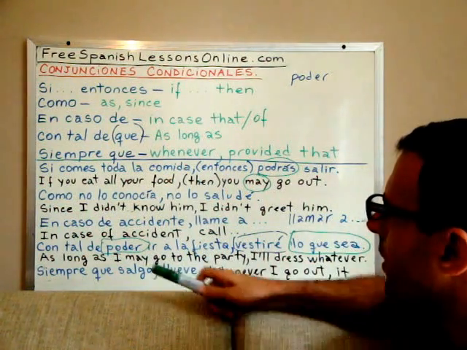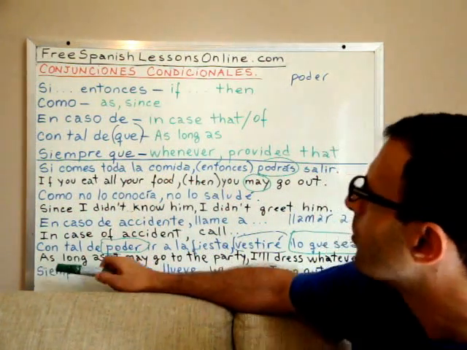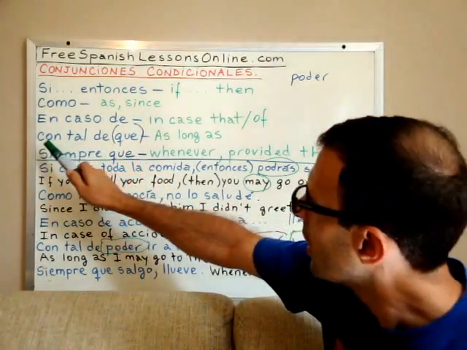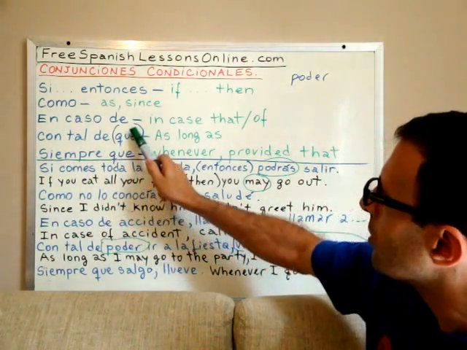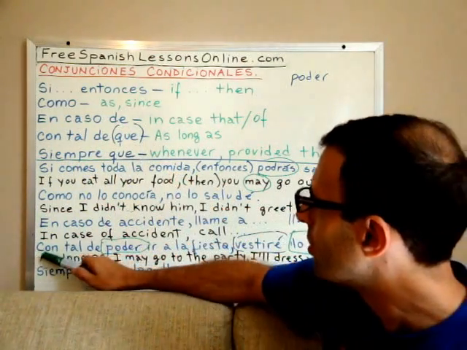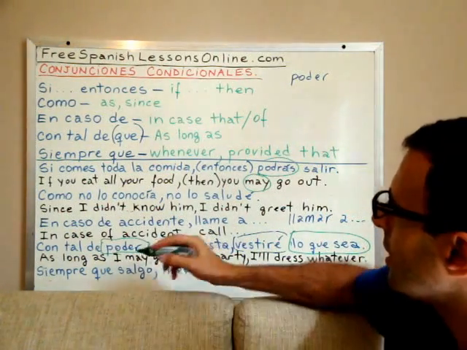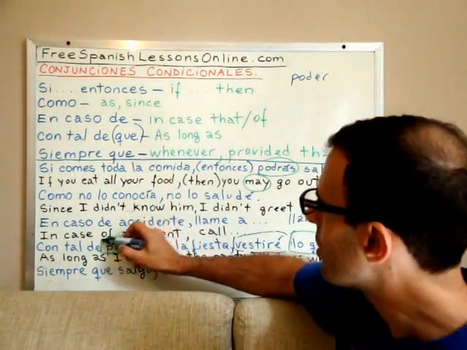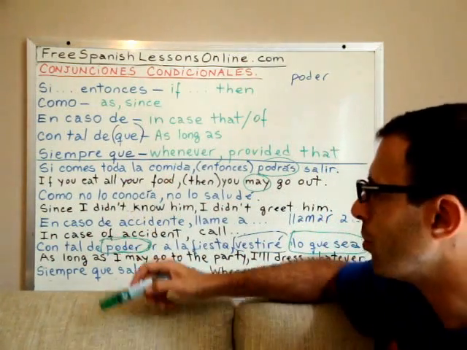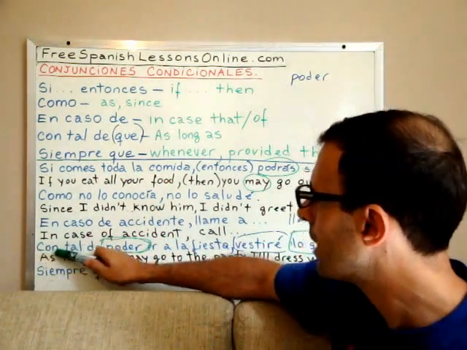Okay, let's see our last example. Oh, one more thing here. Con tal de, you see I'm not using the que. Con tal de, and here I use the verb in infinitive, right? This structure works for whatever verb we want to use with con tal de.